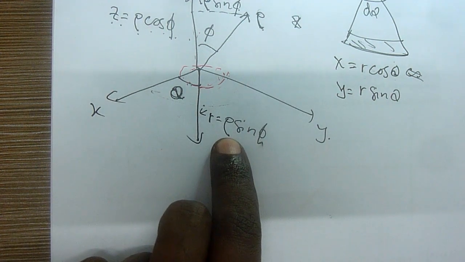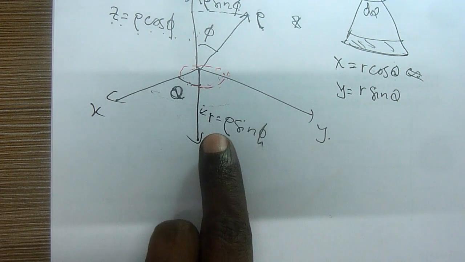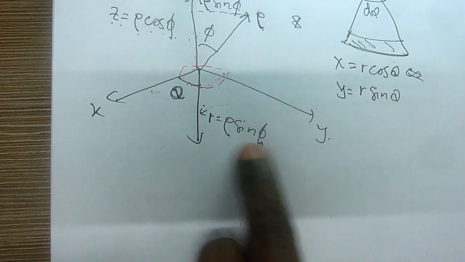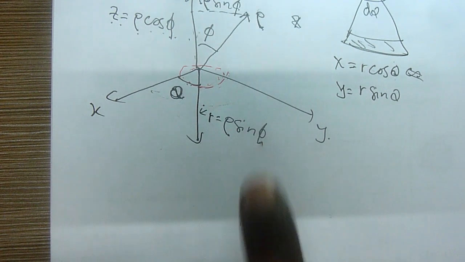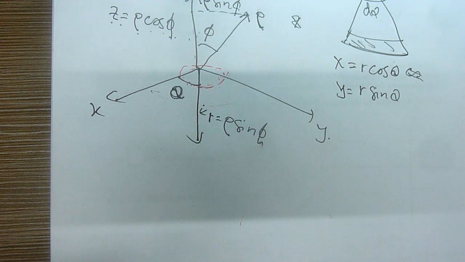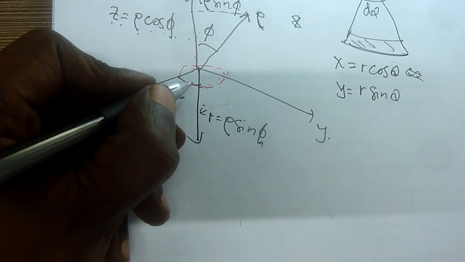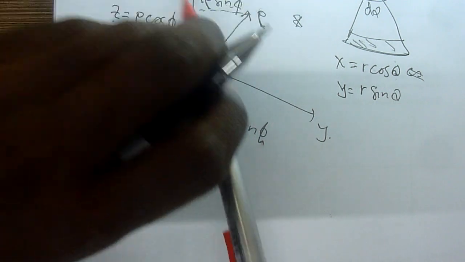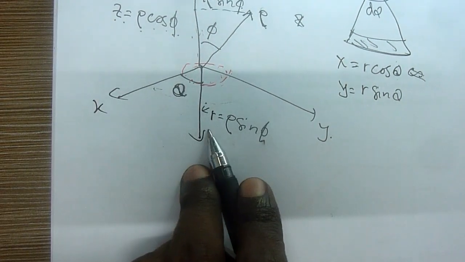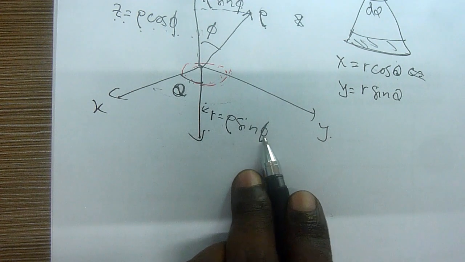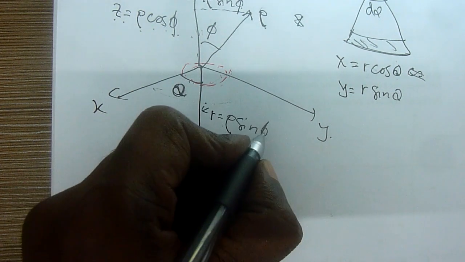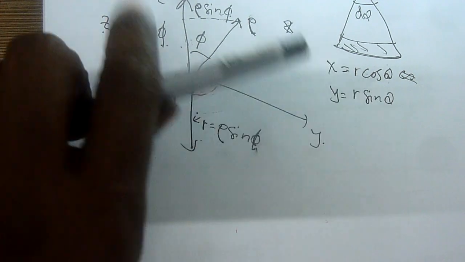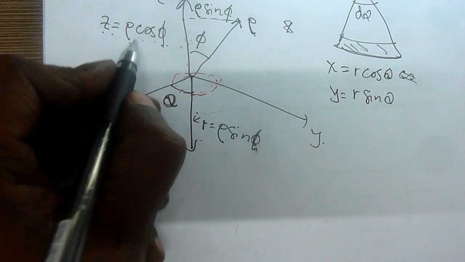For the horizontal basis, the R, we just bring it down, the same thing here, to rho sine phi. Now we refer to this arm here with R equals rho sine phi. This is how we refer to it. And on the top for the Z, we refer to this one.